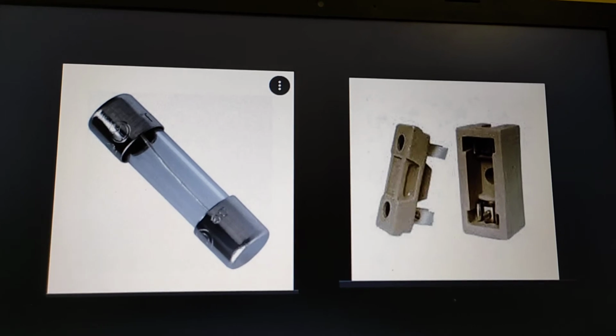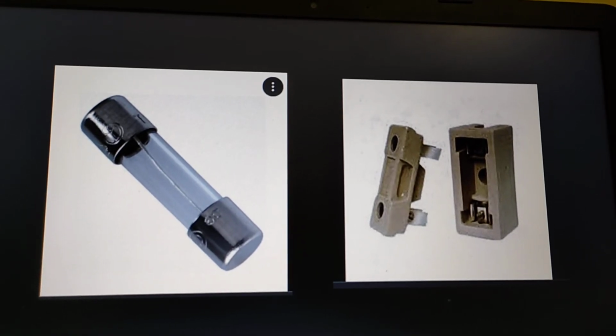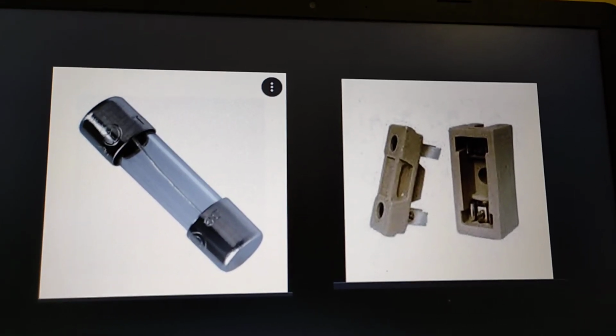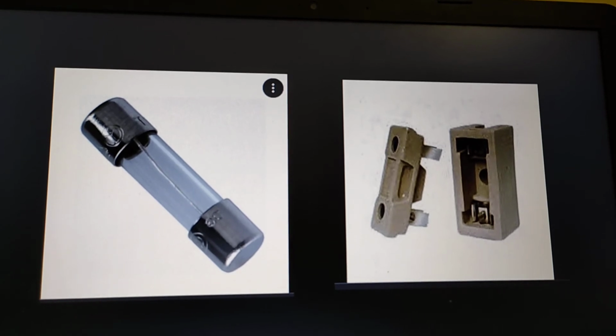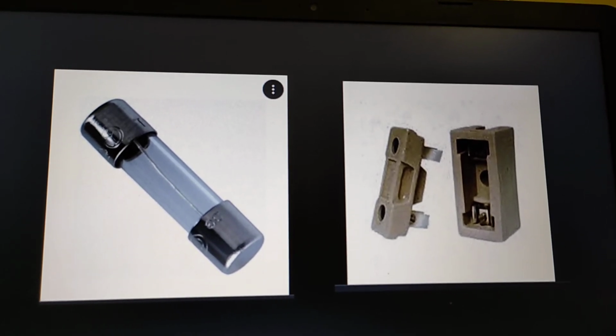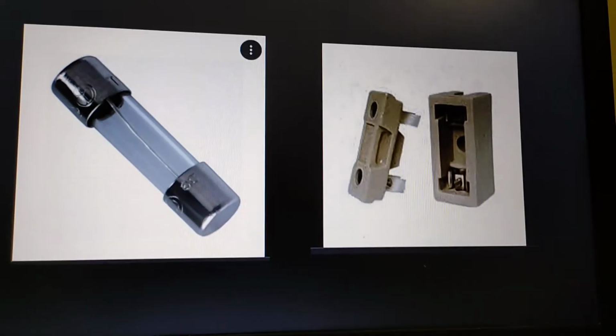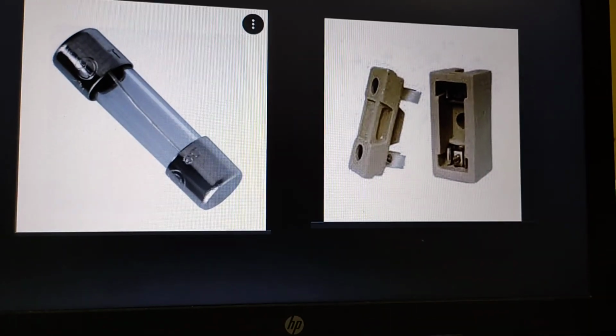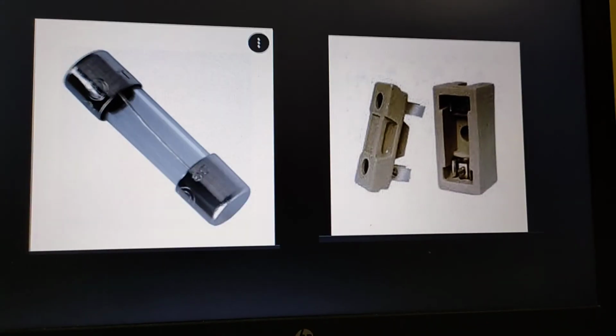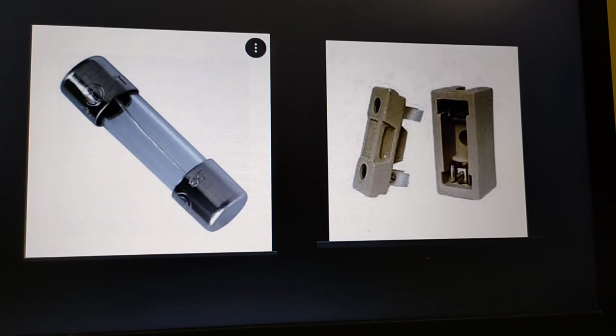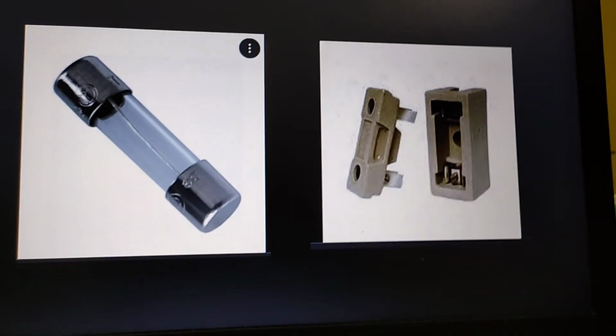If the current melts the fuse, that extra electricity will not harm your expensive electronic gadget. So these are the fuses used in earlier days.